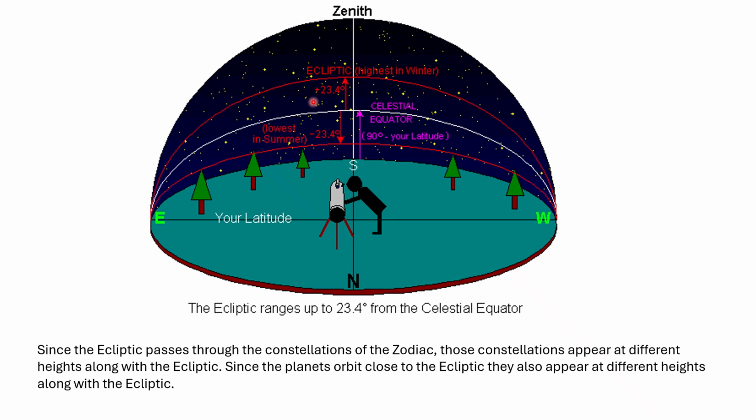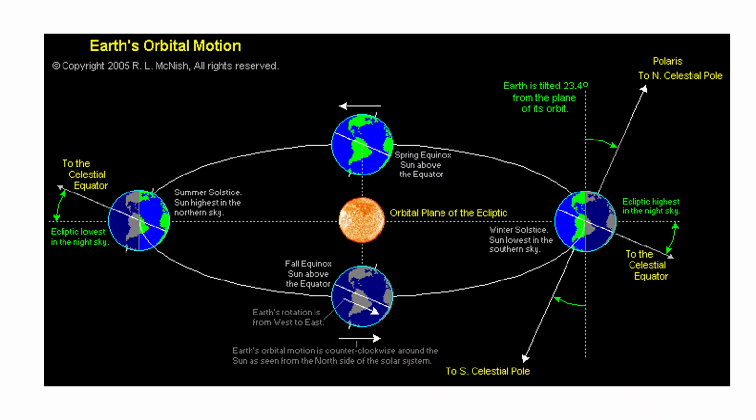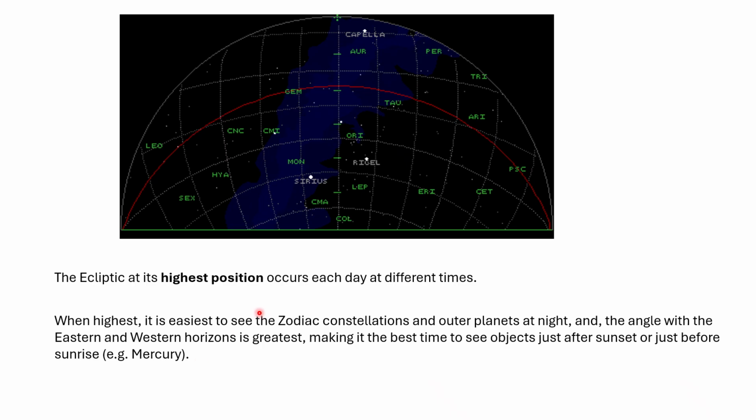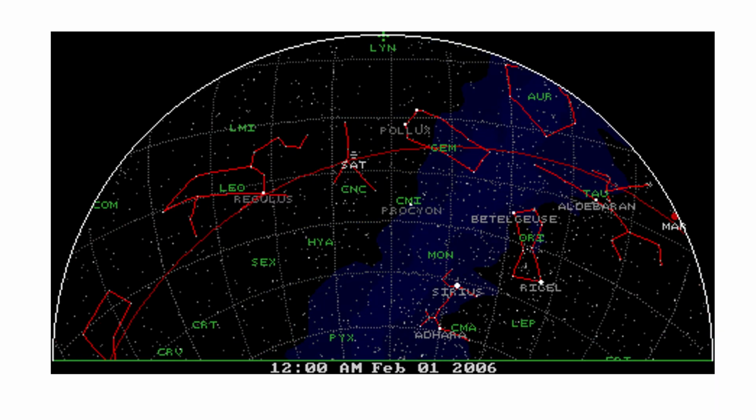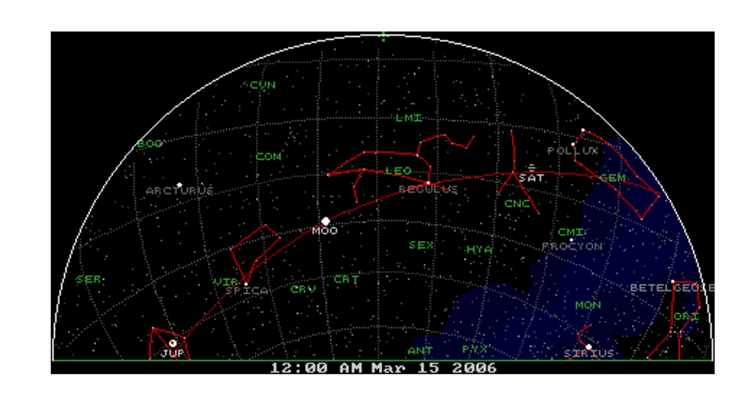Except for Pluto, all the rest of the planets lie close to the ecliptic. This is due to the revolution of Earth around the sun and the axial tilt. You can see the position of the ecliptic changes throughout the year.